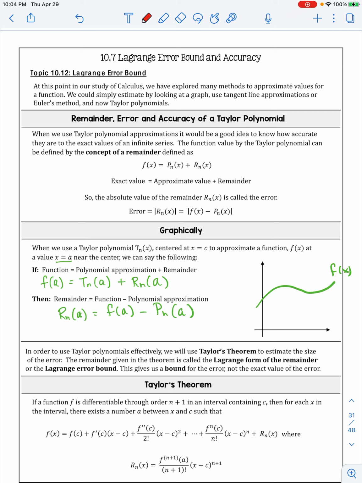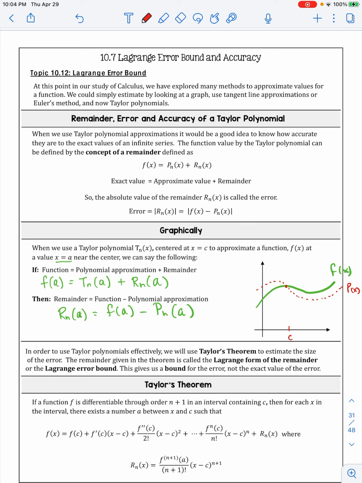So let's go ahead and draw a picture of this. We have a function f of x, and we are going to center our Taylor polynomial at c. Our Taylor polynomial is going to be similar, but it won't be exactly the same.